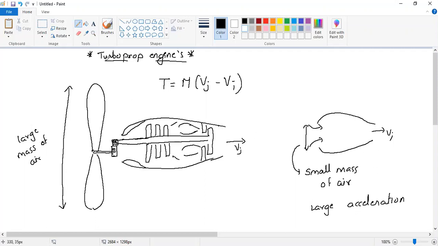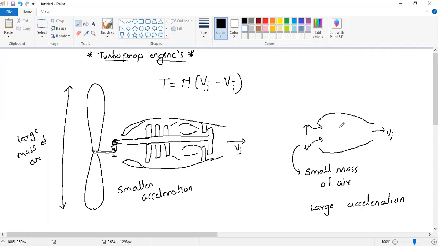Whereas in propeller driven aircraft, I take a large mass of air and smaller acceleration. If both of them are producing the same amount of thrust, if suppose this engine is producing 1000 pounds of thrust, then this will also produce 1000 pounds of thrust.